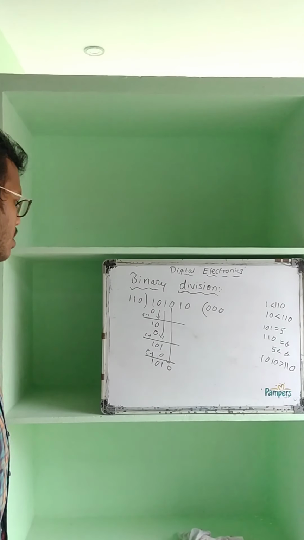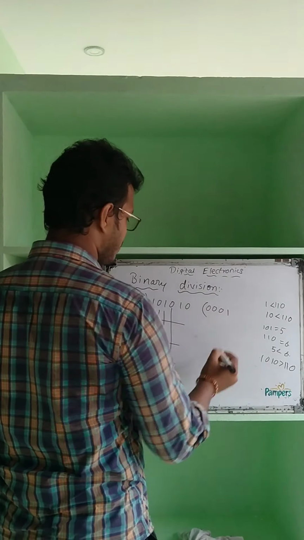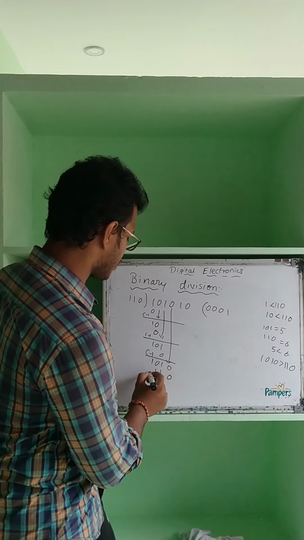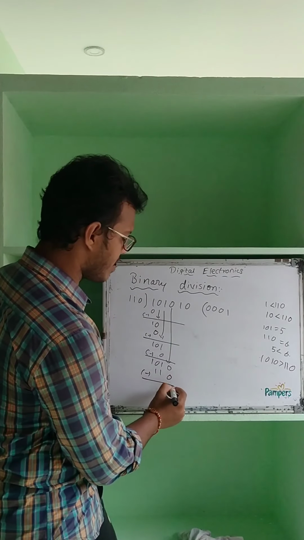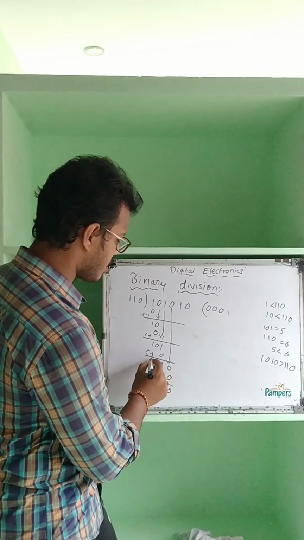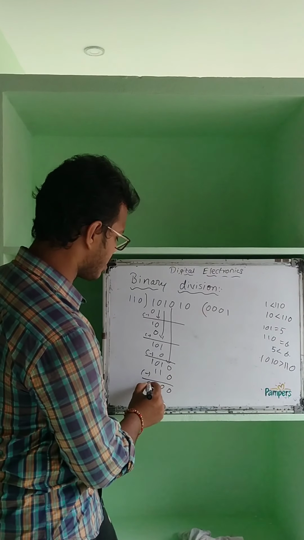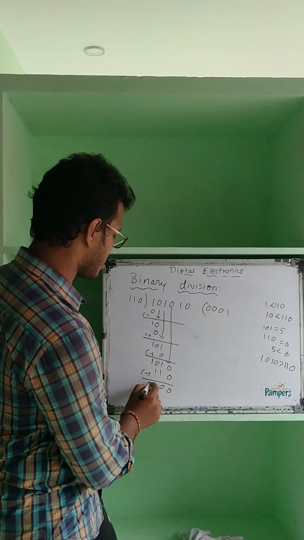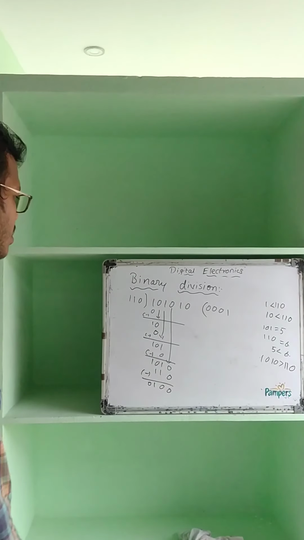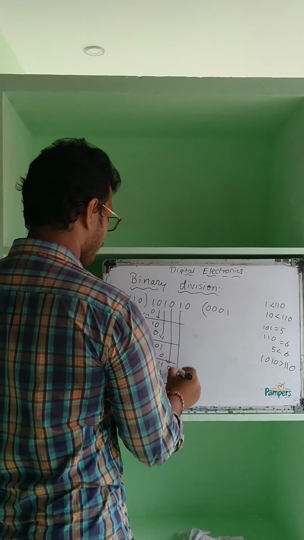So take one multiplication, 110. Do the subtraction. 0 minus 0 is 0. 1 minus 1 is 0. So we have to take 1 again. So bring down 1.